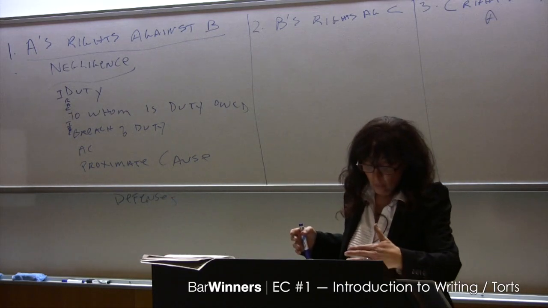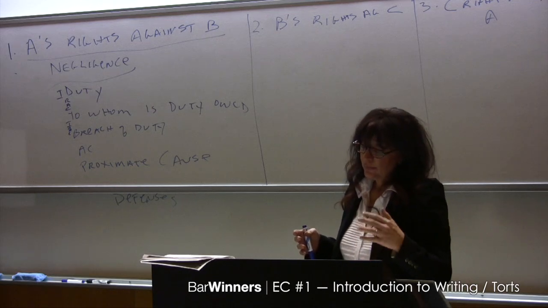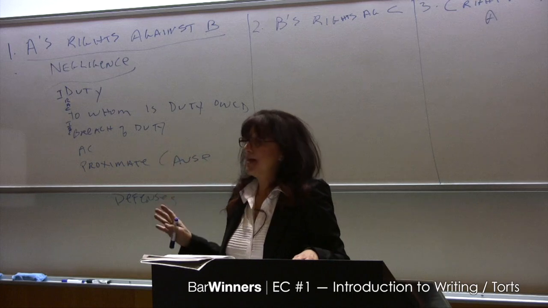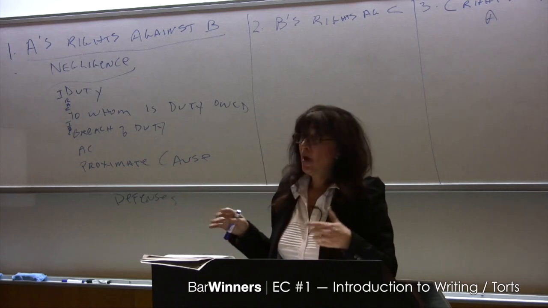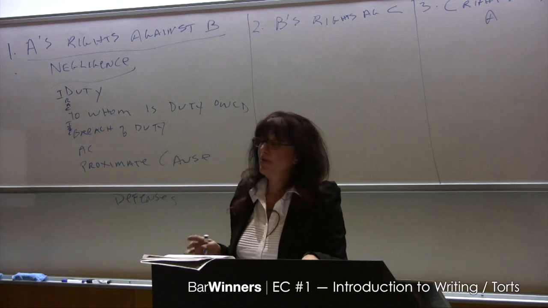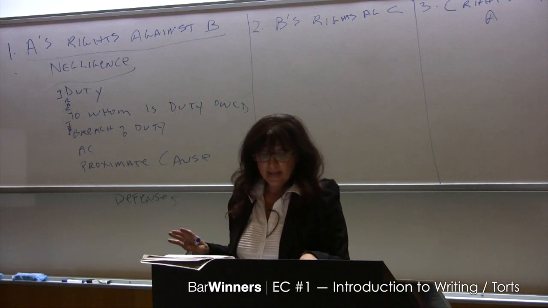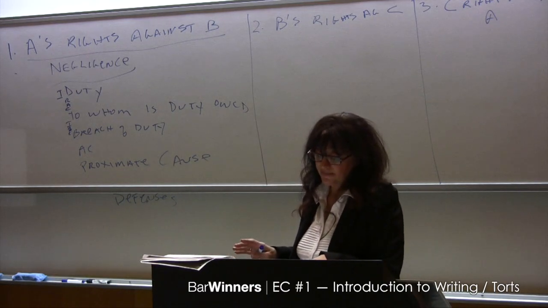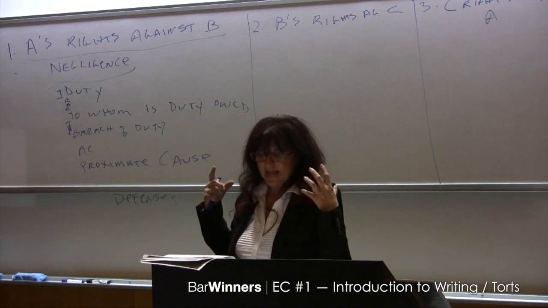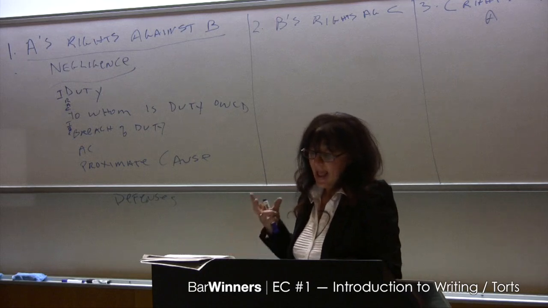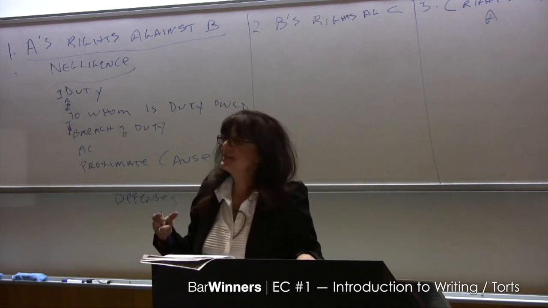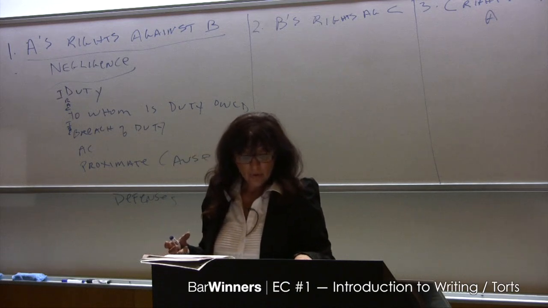then the test for whether the statement is defamatory is under New York Times v. Sullivan. You have to show malice. If the plaintiff is a public figure or public official, you have to show the defendant is liable if there was actual malice. Actual malice is reckless disregard for the truth.